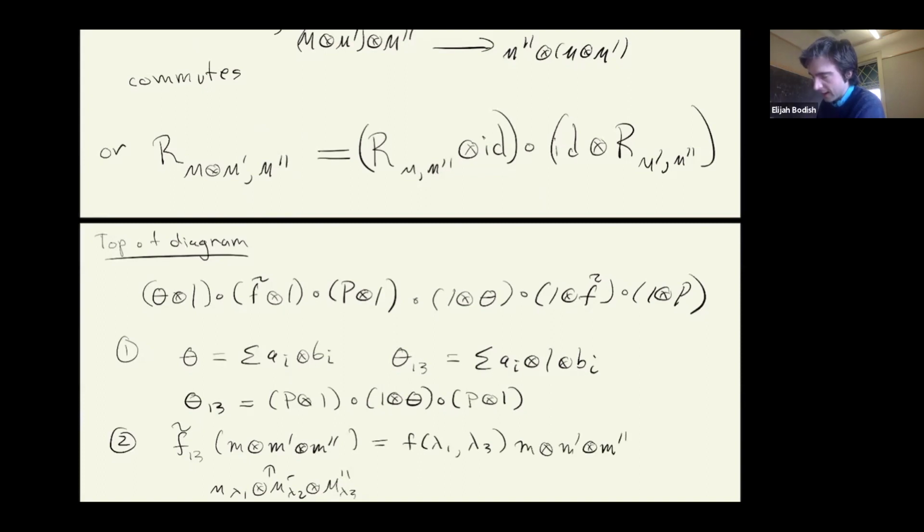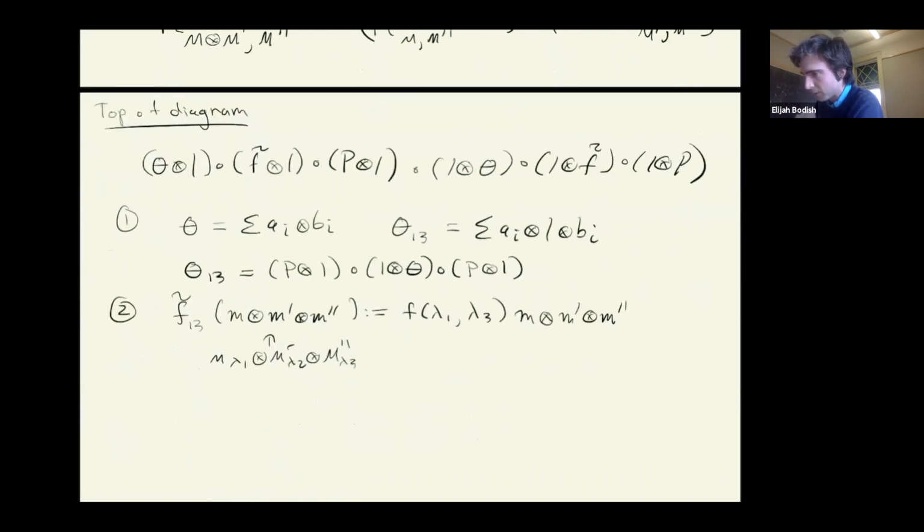So I'm just defining this notation, and then I can think of this similarly as being conjugated by the P's. So F tilde_{1,3} is actually P tensor 1 tensor F tilde, P tensor 1. So that allows me to commute the 1 tensor F tilde past a P tensor 1.